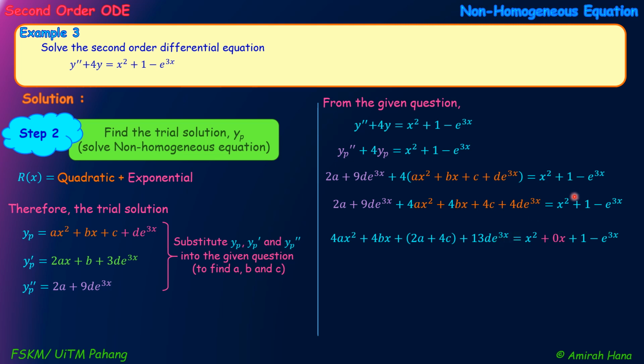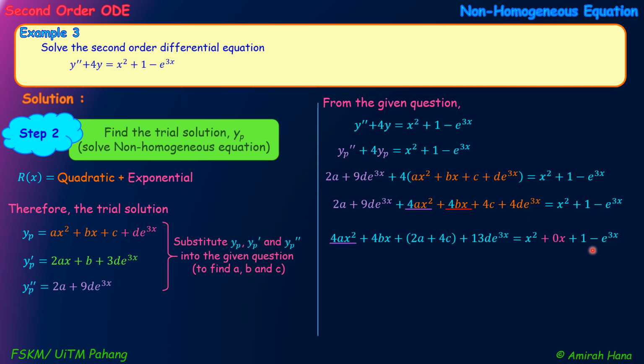For the right hand side we still have x squared, and there is no term containing x to the power of 1, but on the left hand side we have a term containing x, so we need to write plus 0x on the right hand side so that we can compare later. So we write x squared plus 0x because there is no term containing x, and then plus 1 minus e to the power of 3x.